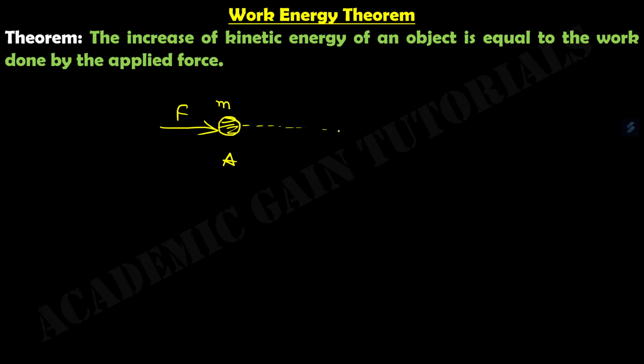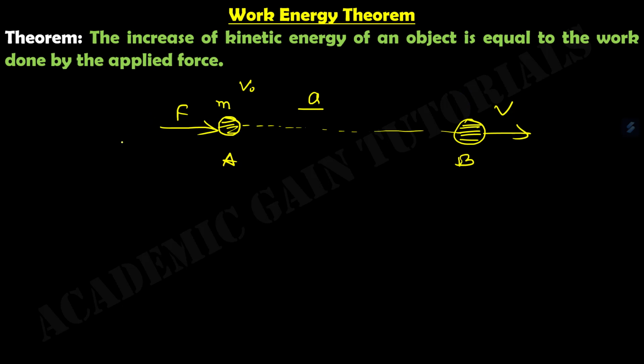This object moves in this path, and we take a point B. This object is moving with an acceleration of a due to the force F. It has an initial velocity of v naught, and at point B it has a final velocity of v. So what is the work energy theorem?